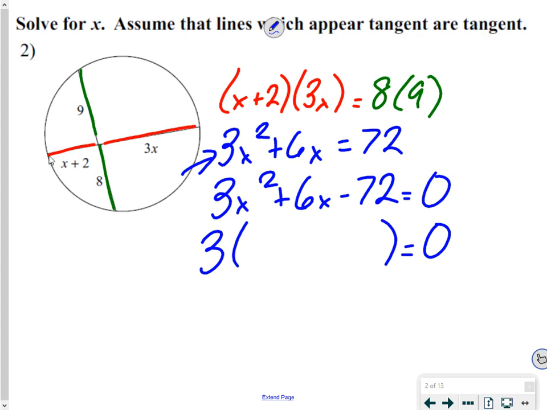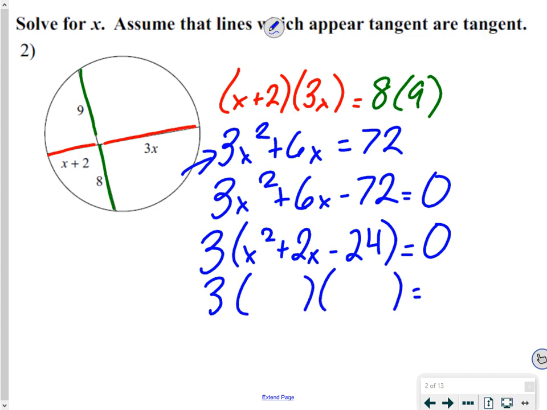All right, so the greatest common factor here is 3. So if we factor that out, we get x squared plus 2x minus 24 inside that quantity. All right, and that actually helps us out. Now we got something that's a little simpler that we can try to factor. It may work, it may not work, we just got to see.